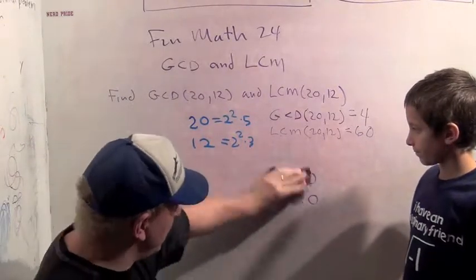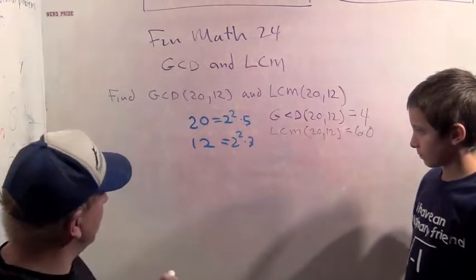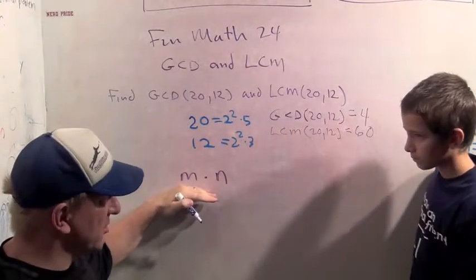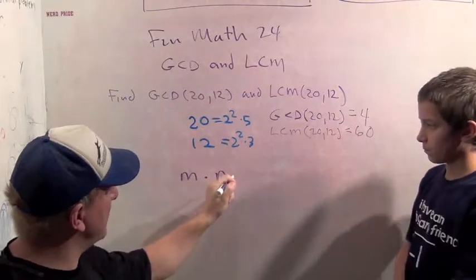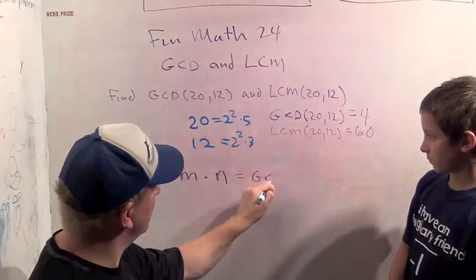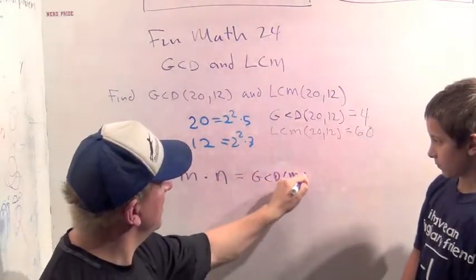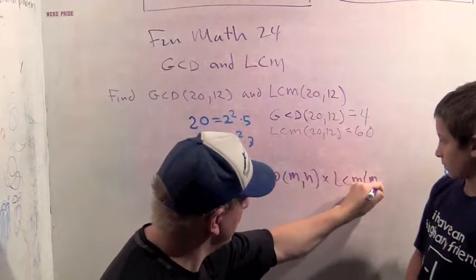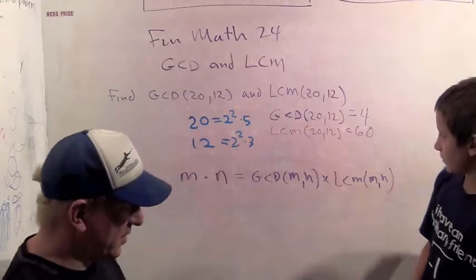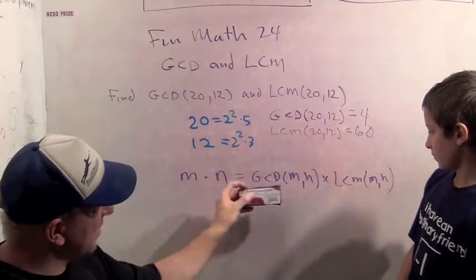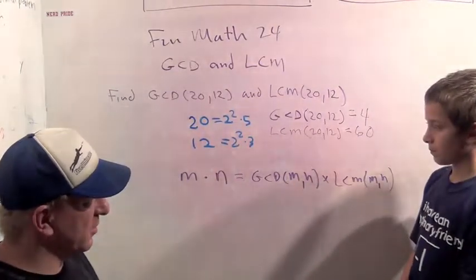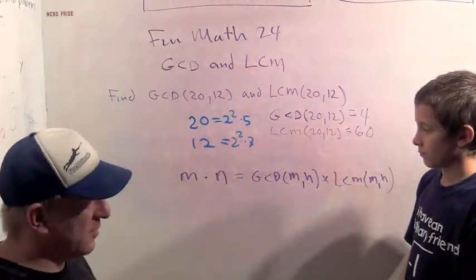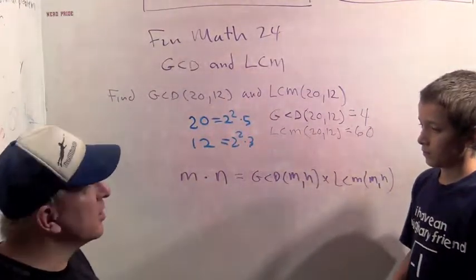And that's going to lead us to a theorem that says if we take two integers, m and n, m times n is equal to the GCD of m and n times the least common multiple of m and n. And we can play around with that and learn about it. But this is how greatest common divisor and least common multiple are related. You multiply the two of them together, and you get the same thing as when you multiply the two original numbers together.